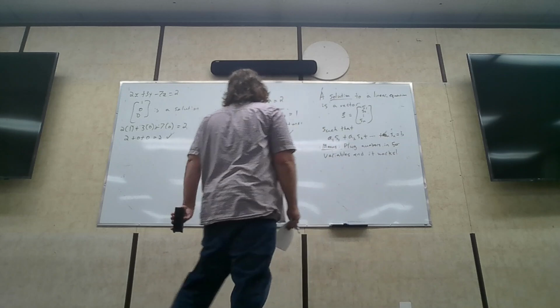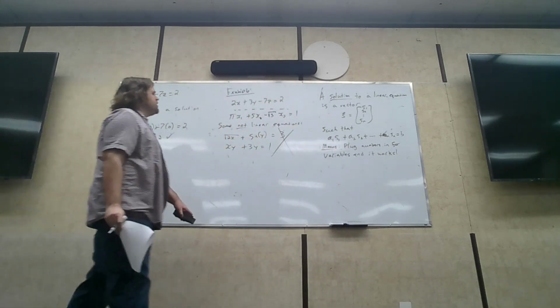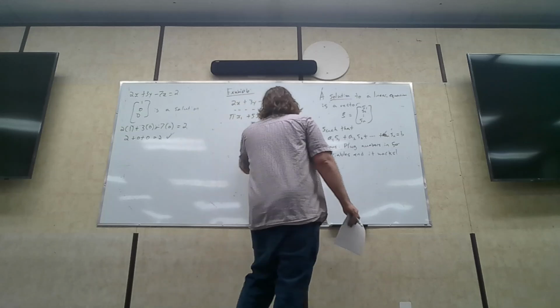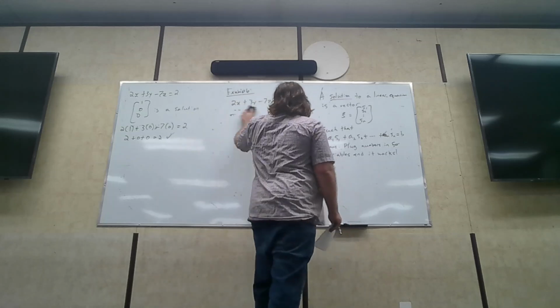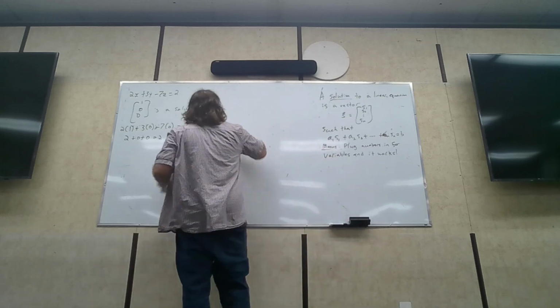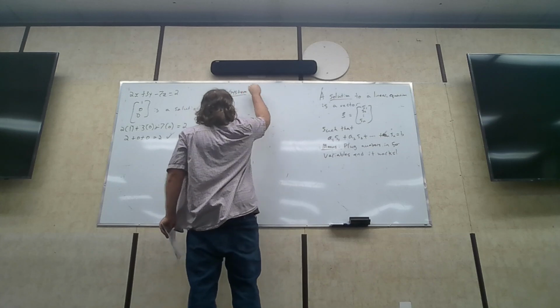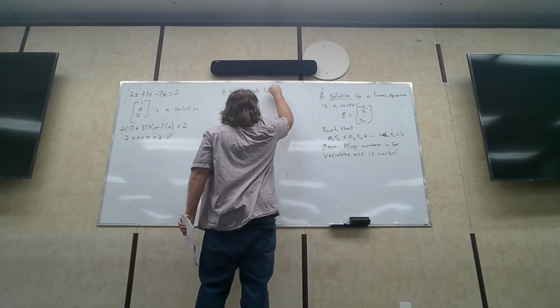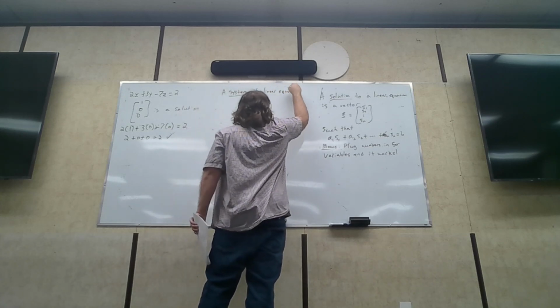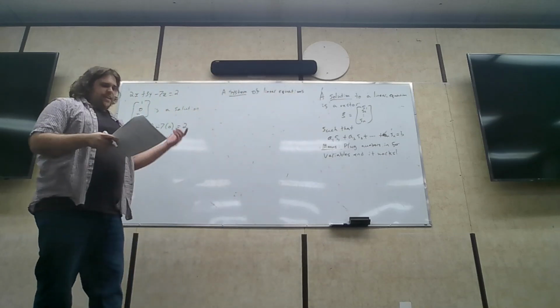Okay, but linear equations on their own aren't terribly interesting. So what we're interested in, in fact, is systems of these things. So a system of linear equations is just a bunch of linear equations taken together.